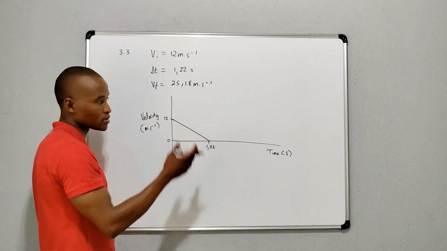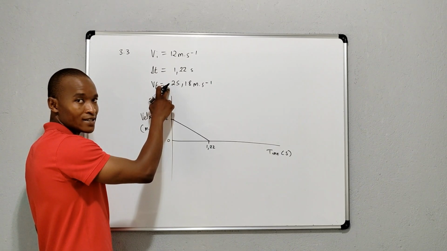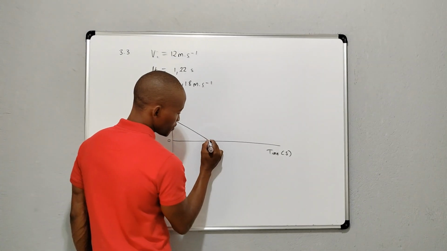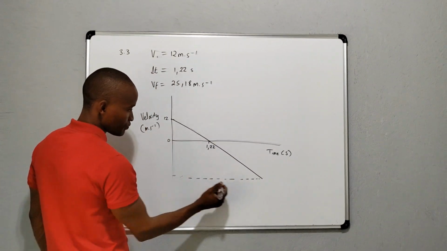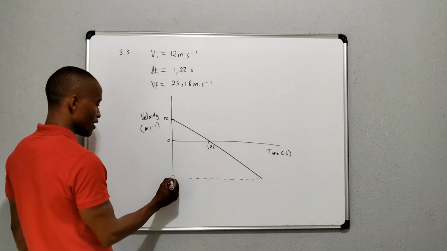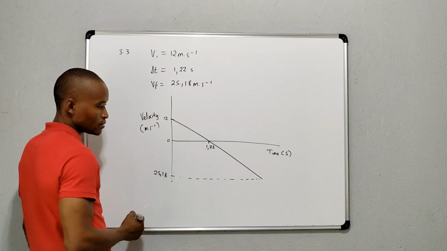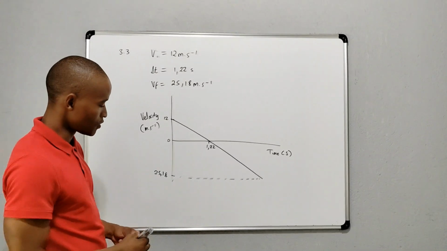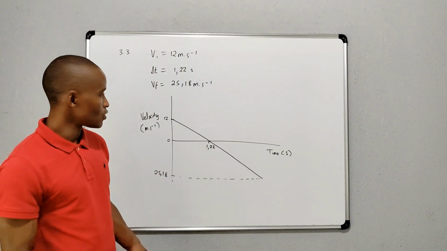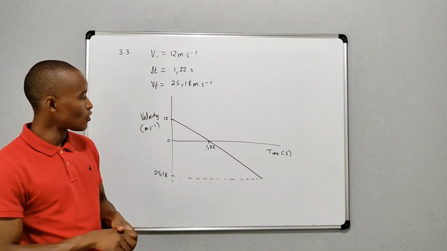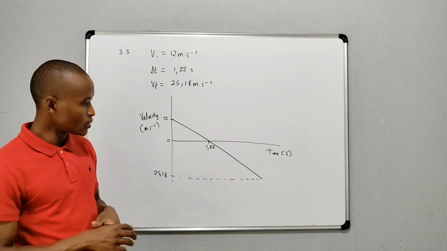Then it went down, so this is in the negatives. We continue, and at some time there, we have 25.18 as the velocity.